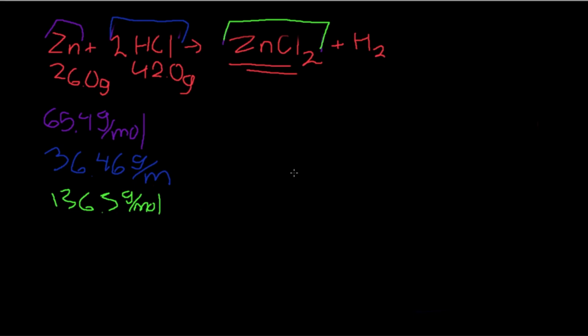Okay, so now what we want to work out is which one of these two is going to give us the least amount of zinc chloride. To figure that out, we take our 26 that we have up here, which is our zinc.